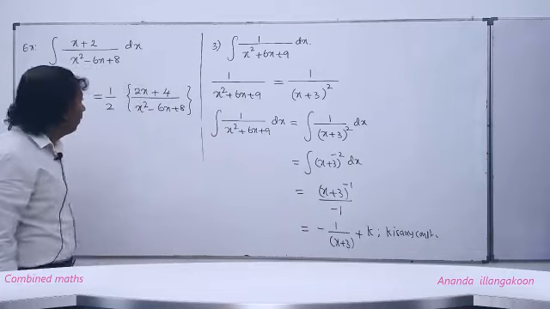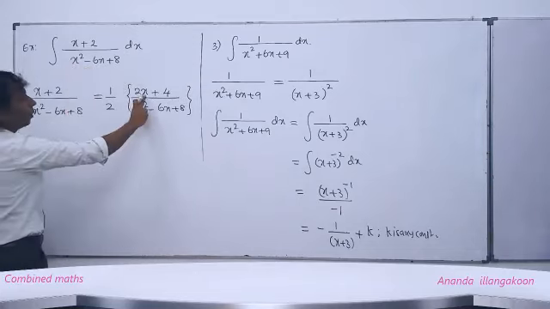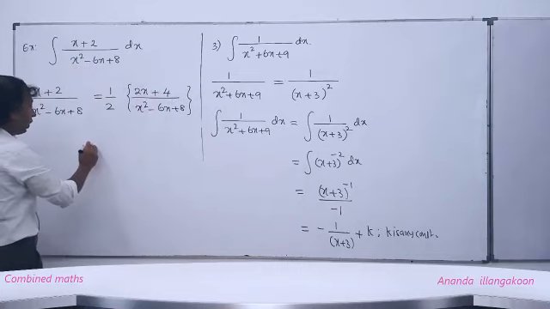Now, the derivative of this denominator is 2x minus 6, no? But here we have 2x plus 4. Then what I do next is this.